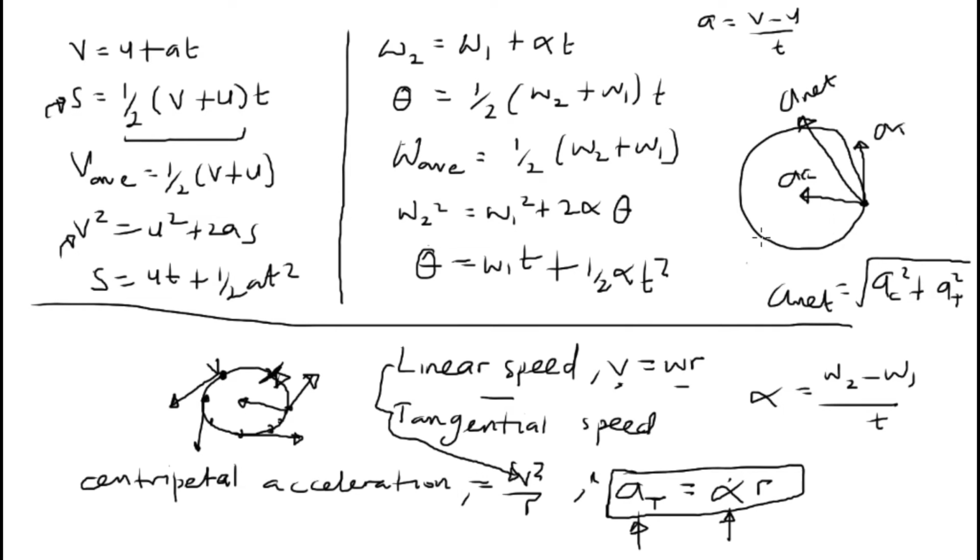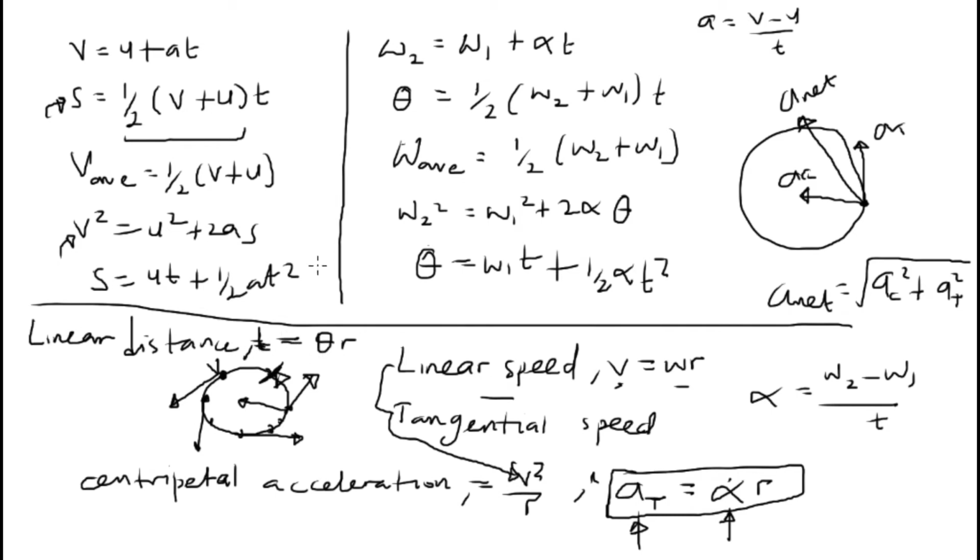There's also angular displacement. We can also have the linear displacement, or the linear distance, with the symbol L. It is equal to theta r, that is the relationship between the linear displacement and the angular displacement.